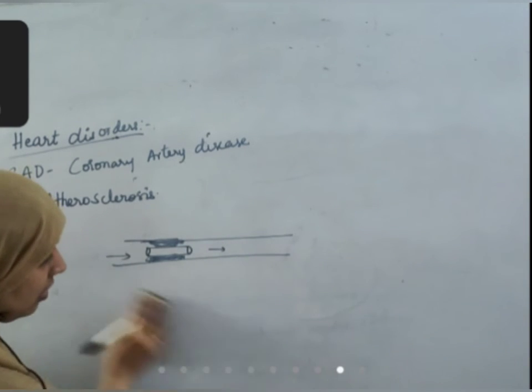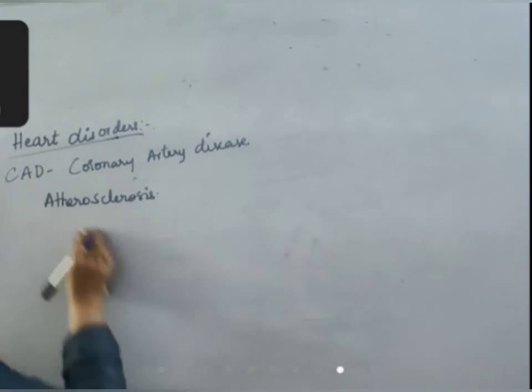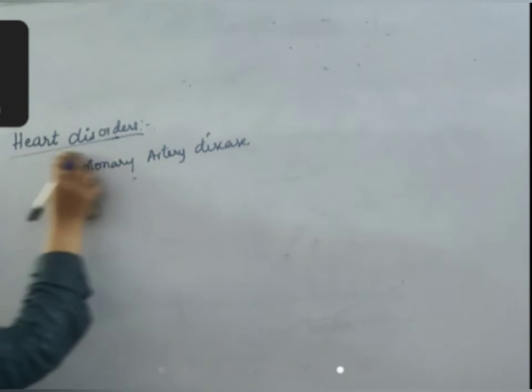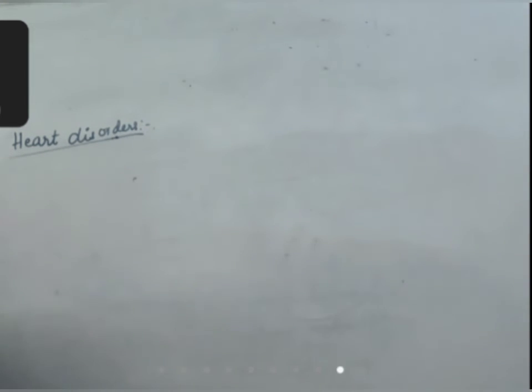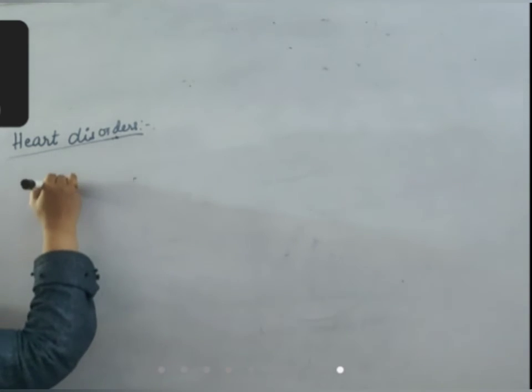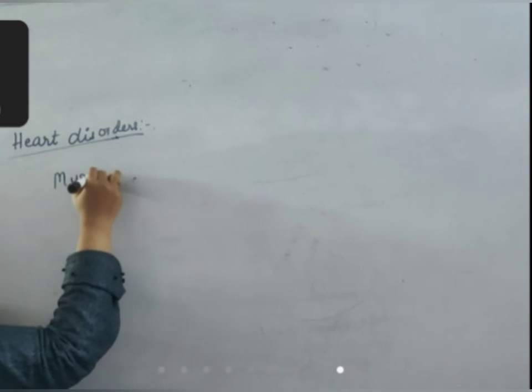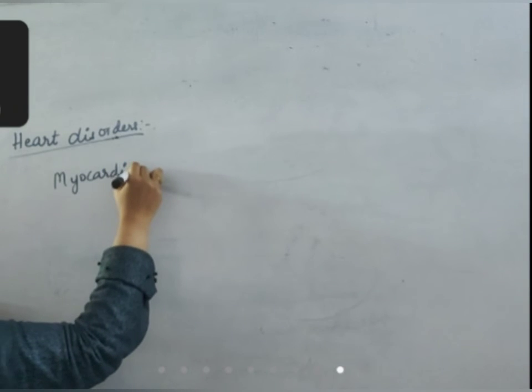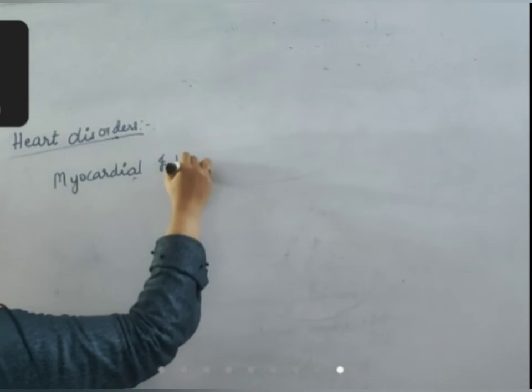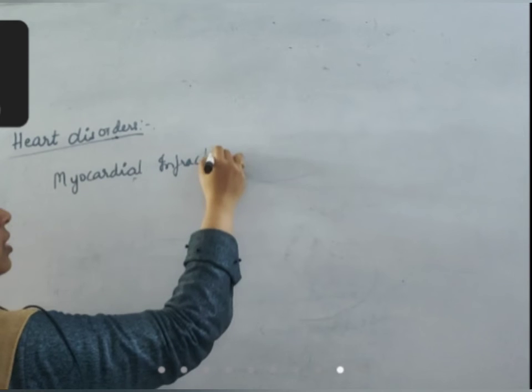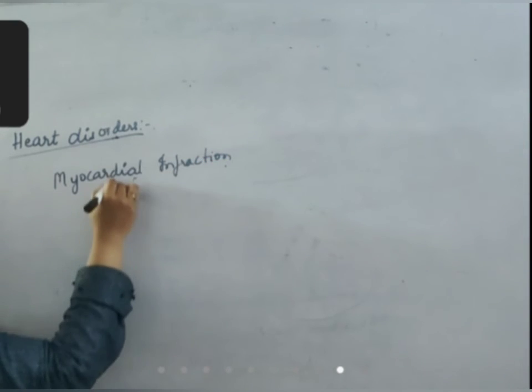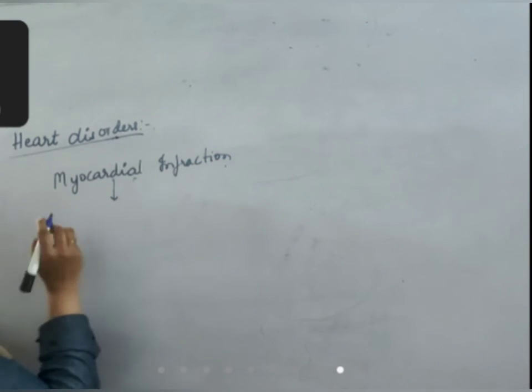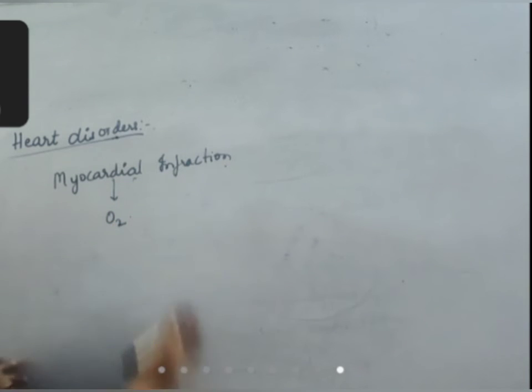Next, myocardial infarction is a condition in which cardiac muscle is not getting sufficient amount of oxygen.